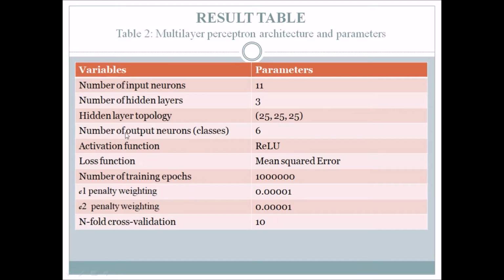Then the neurons at the output layer will be 6, because we are classifying into 6 various classes, whether it is wavy, annular, or any of them. The activation function we are using is ReLU. The loss function is mean square error. The number of training epochs is 1 million. Then the penalty weighting for L1 is 0, for L2 is 0.0001, and the n-fold cross validation is 10.